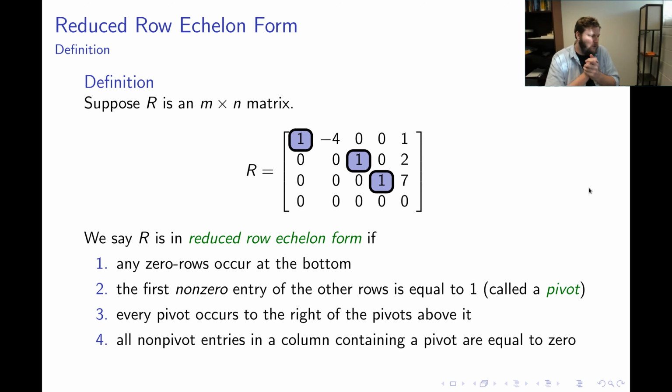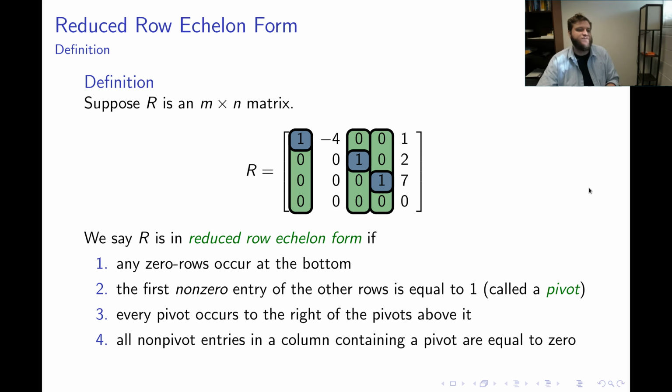The fourth and final rule here says that all non-pivot entries in a column containing a pivot must equal 0. So there are 3 pivots in this matrix. If I go to the first one, note that every entry in that first column that's not the pivot equals 0. So the rule passes for that first pivot. In the second pivot, every entry not equal to a pivot equals 0.